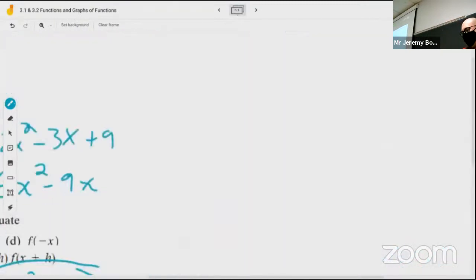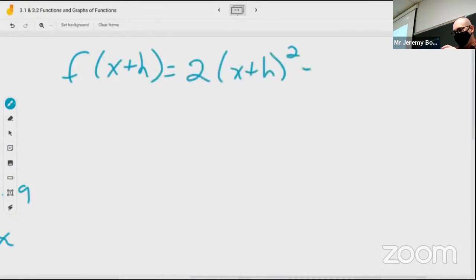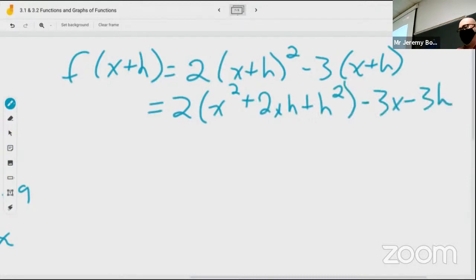And lastly, f of x. Oh, sorry. Clean that up. F of x plus h. So that's going to be 2 times x plus h squared minus 3 times x plus h. And so that's going to end up being 2 times x squared plus 2xh plus h squared minus 3x minus 3h.